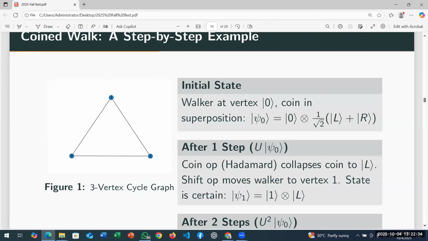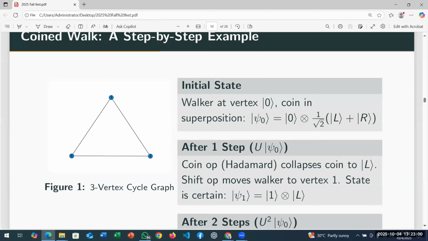Now, the first thing here is I have my initial state. Let's assume that the walker is on vertex 0. He wants to make a decision on where to go: am I going to vertex 1 or am I going to vertex 2?